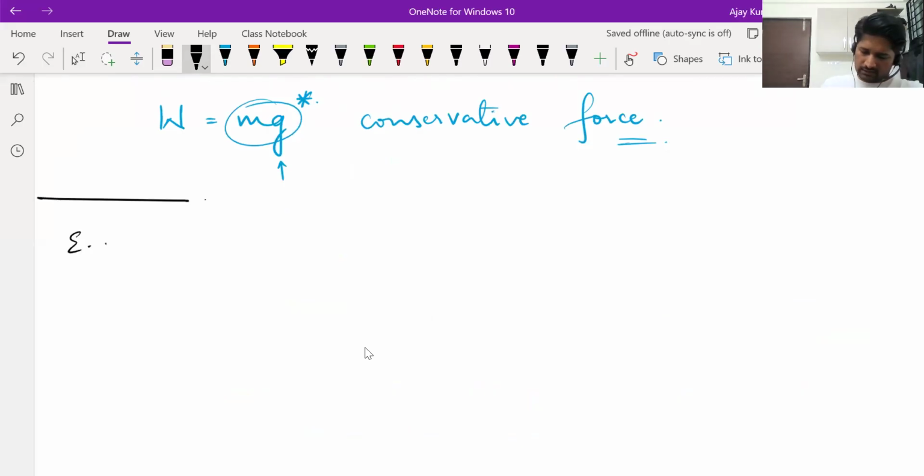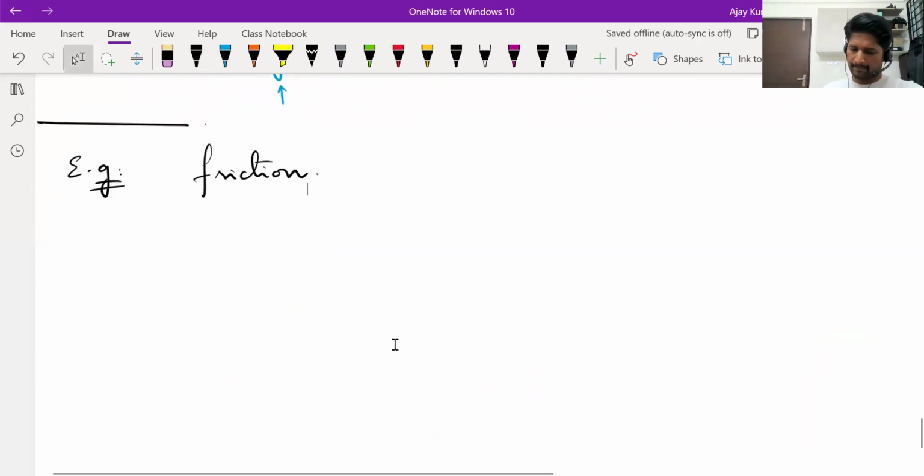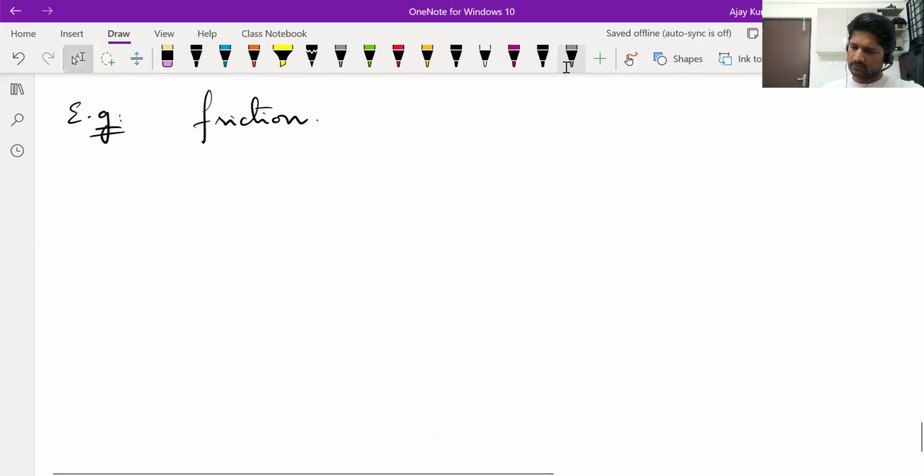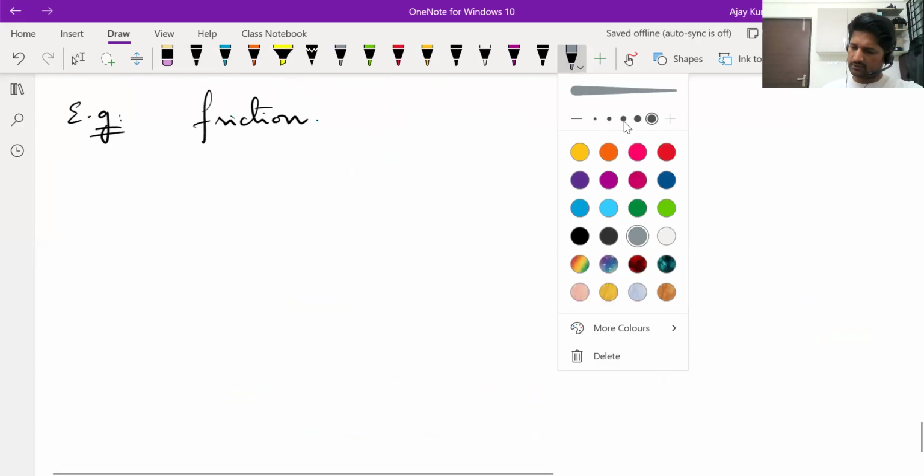Let us consider another example. Friction. Assume there is a rough horizontal surface.